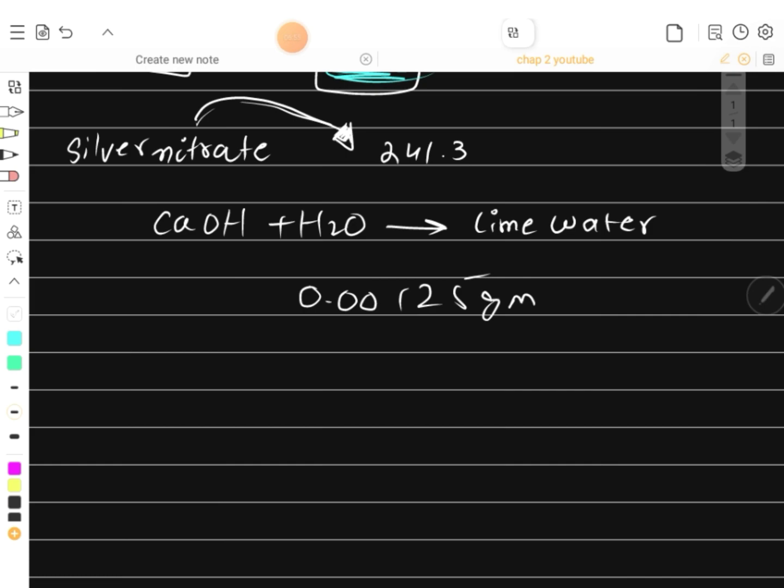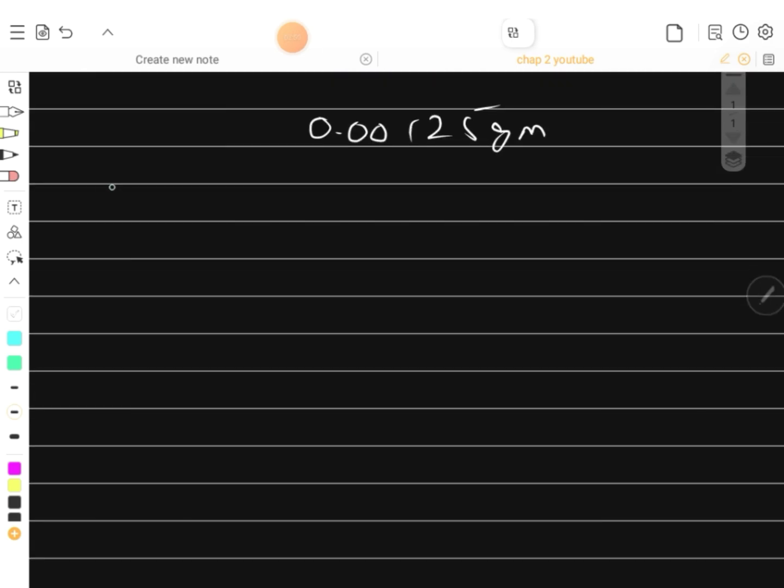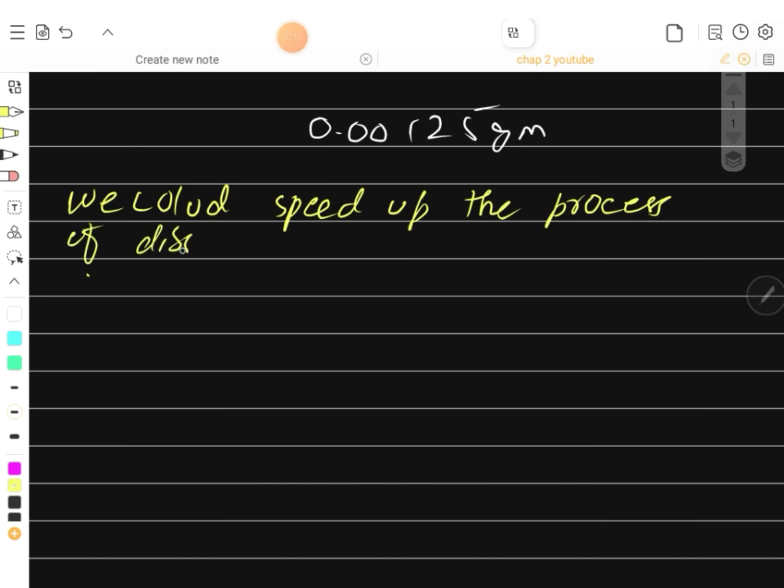Moving on to our next one, helping a solute dissolve. We could speed up the process of dissolving in various ways.